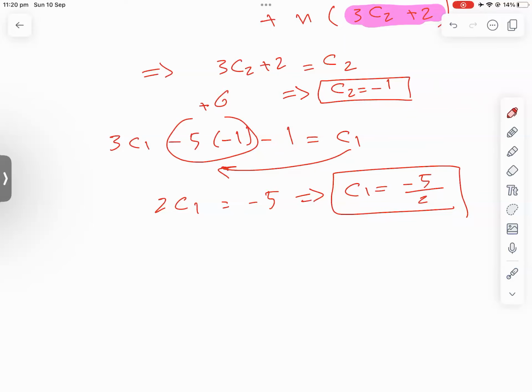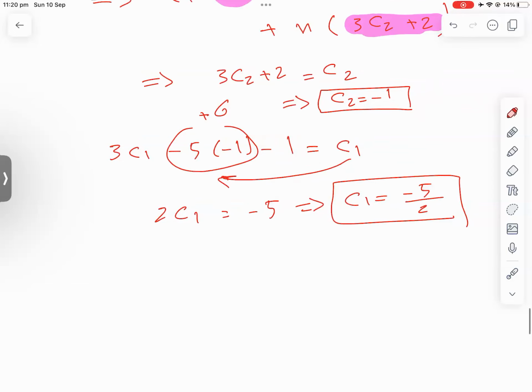Therefore, it is possible I have made a mistake, so you can correct me, but all in all, Sn will be A times minus 1 to the power n plus B times 2 to the power n, then plus C1 plus C2 times n.